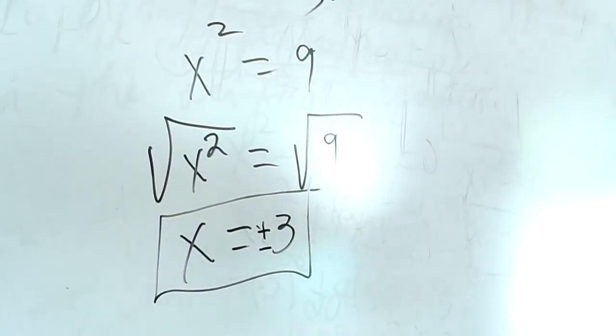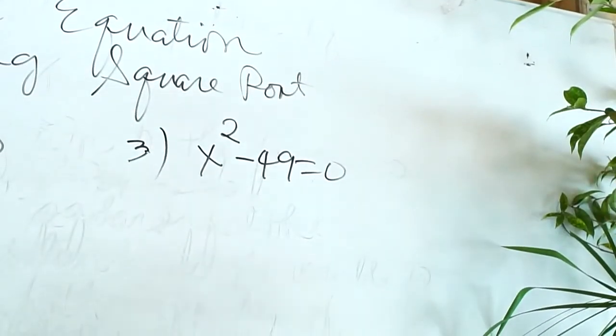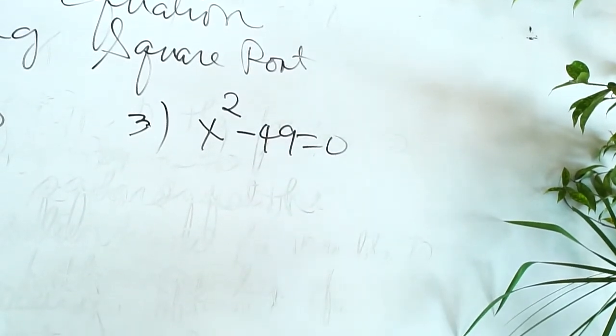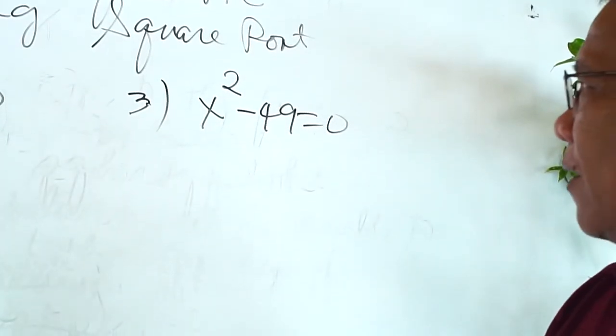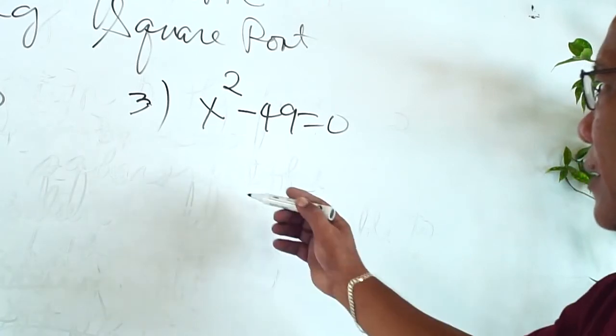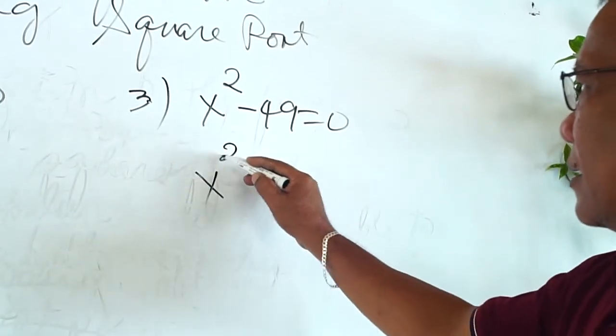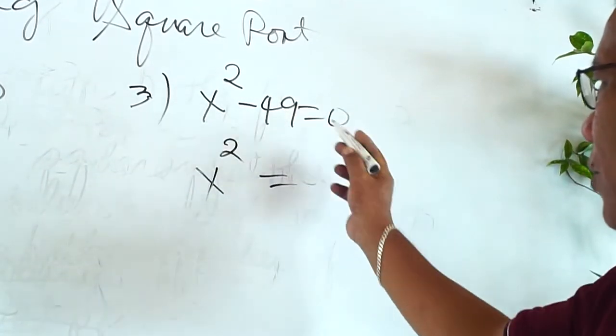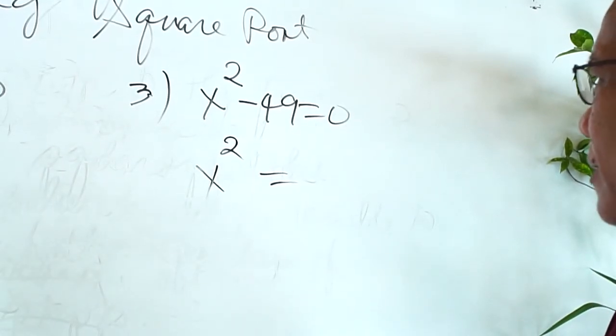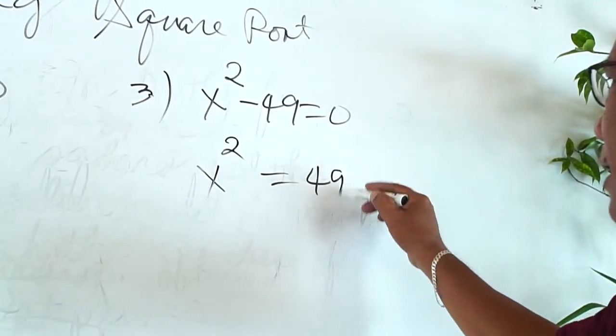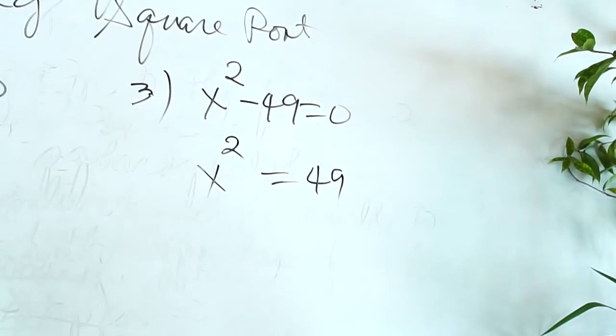Example number 3, x squared minus 49 equals 0. So x squared is equal to, transposing negative 49, it becomes positive 49. Then after that, take the square root of both sides of the equation.